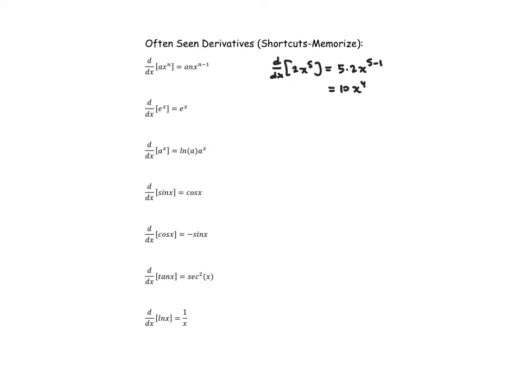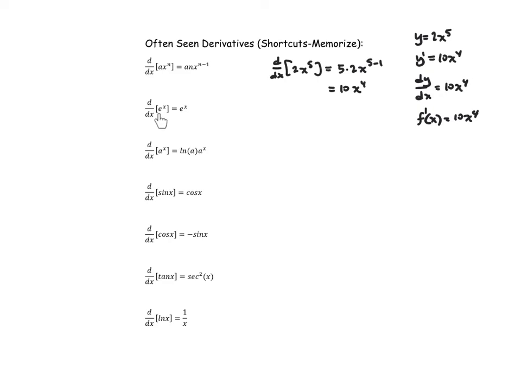So notation: if y equaled 2x to the 5th, then you could say y prime equals 10x to the 4th. You could also say dy dx is equal to 10x to the fourth. Or if it were f of x, then that would be f prime of x. Lots of notation, all meaning the exact same thing.